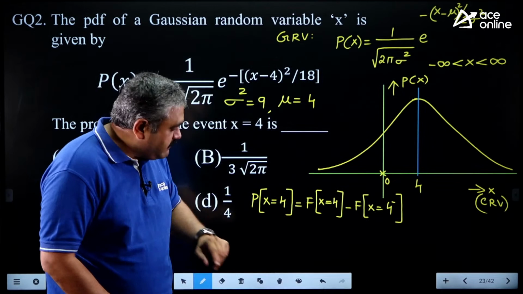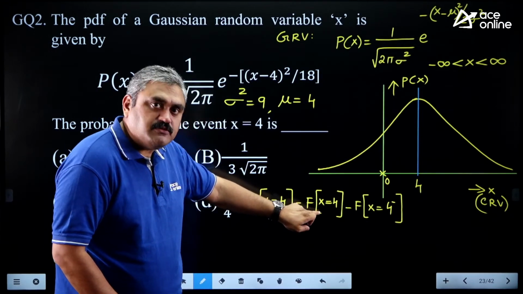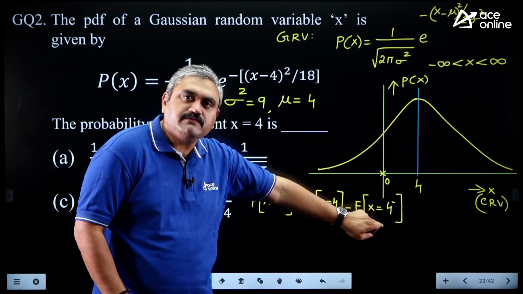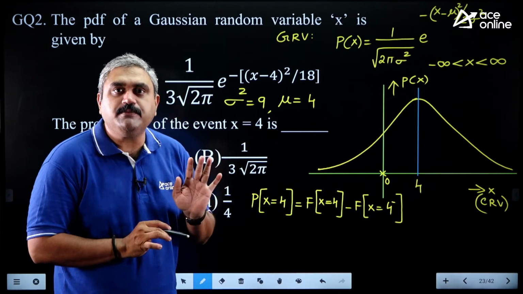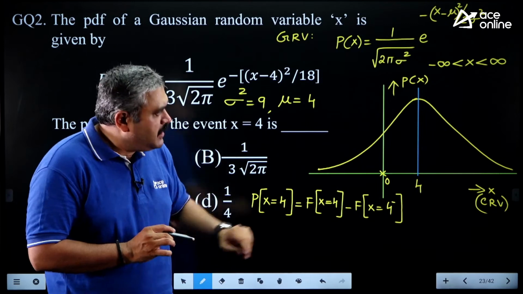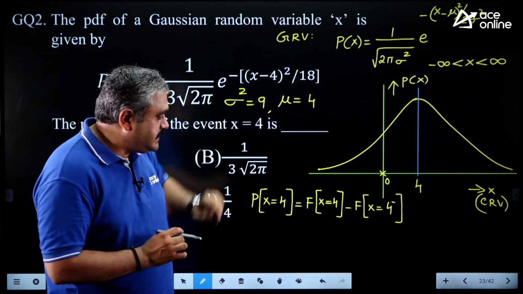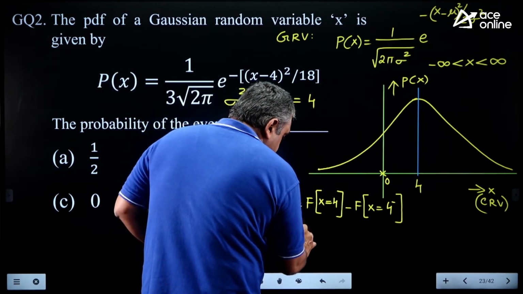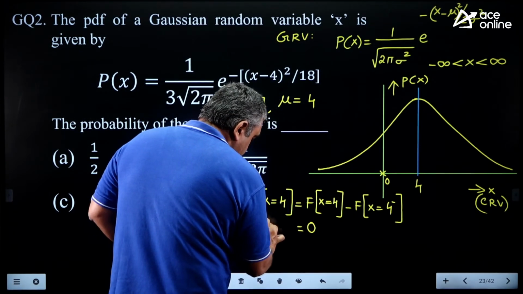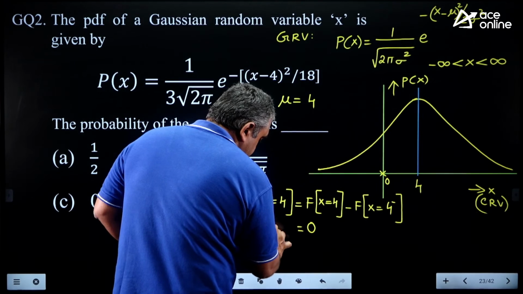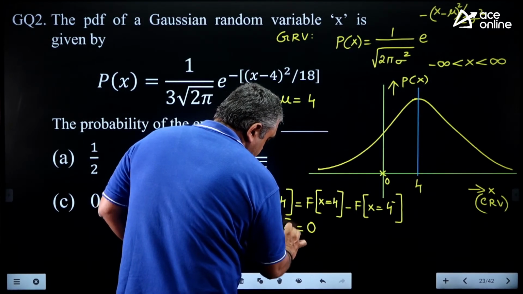For a continuous random variable, the value of the distribution function at 4 and the value of the distribution function at 4 minus both are same. That is a very, very important property of continuous random variable. Because your given random variable is continuous, the value of the distribution functions at these two places are same. So the value of the probability at a single point will be always 0.